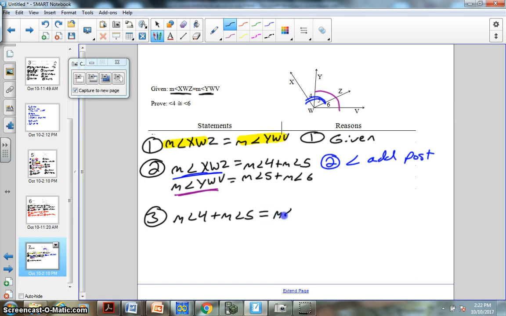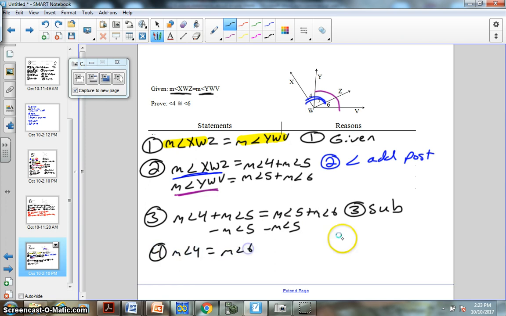I'm going to plug in measure of angle 5 plus the measure of angle 6 in for YWV. I'm just going to substitute into my first statement. All right, I can see both sides have a measure of angle 5, so I'm going to subtract that out. So step 4, the measure of angle 4 is equal to the measure of angle 6. Subtraction.